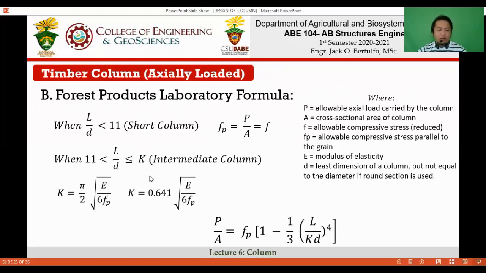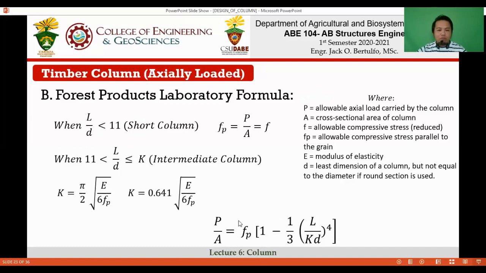Or this is the reduced formula, K is equal to 0.641 times the square root of E over FP. I'm not sure, it doesn't have the 6, right. It doesn't have the 6.